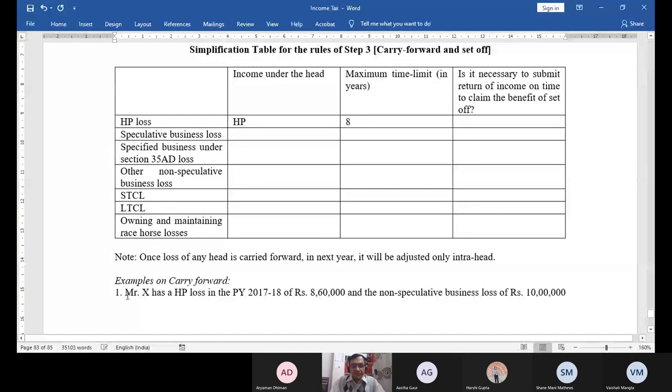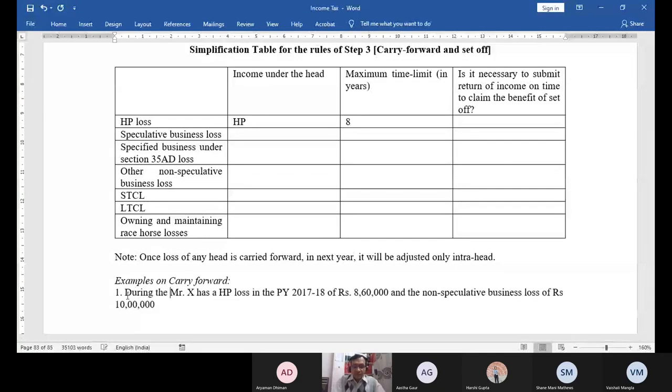Always, when the word speculative comes, it is business. This is all happening in 2017-18. During the previous year 2017-18, Mr. X has an HP loss of rupees 2 lakh 8 and business income. What is the total, or the final, income?